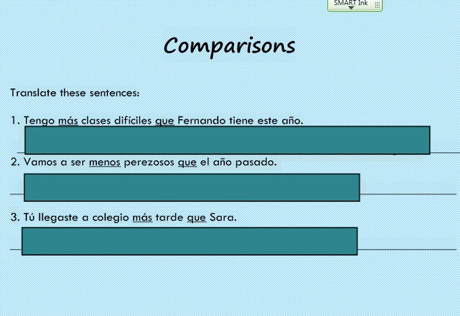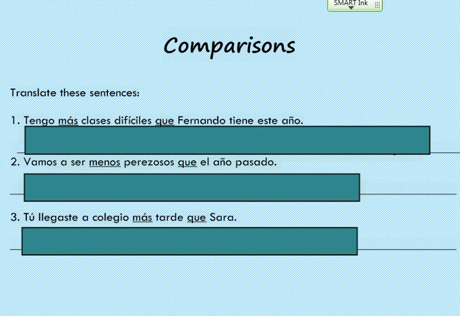So let's go ahead and start out with some translations, and that way you can see how these work in a sentence. So we'll start with going Spanish to English in order to get you warmed up. So for the first one, we'll do the first one together. Tengo más clases difíciles que Fernando este año.